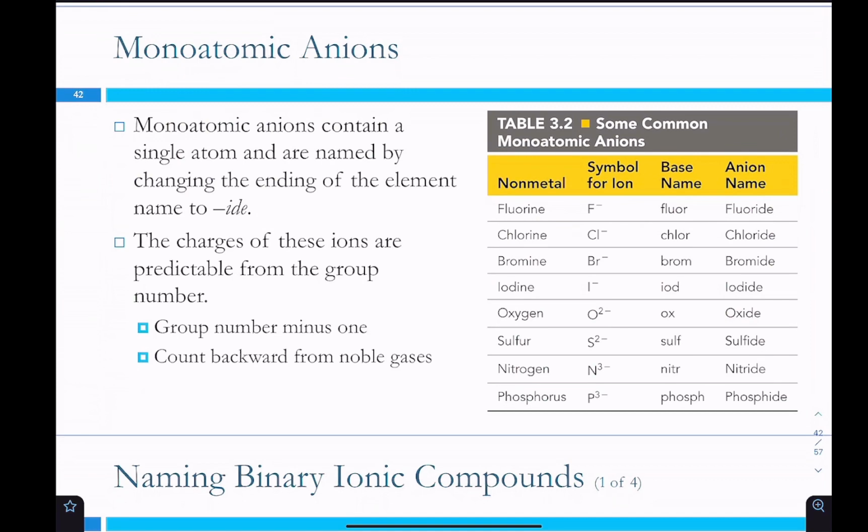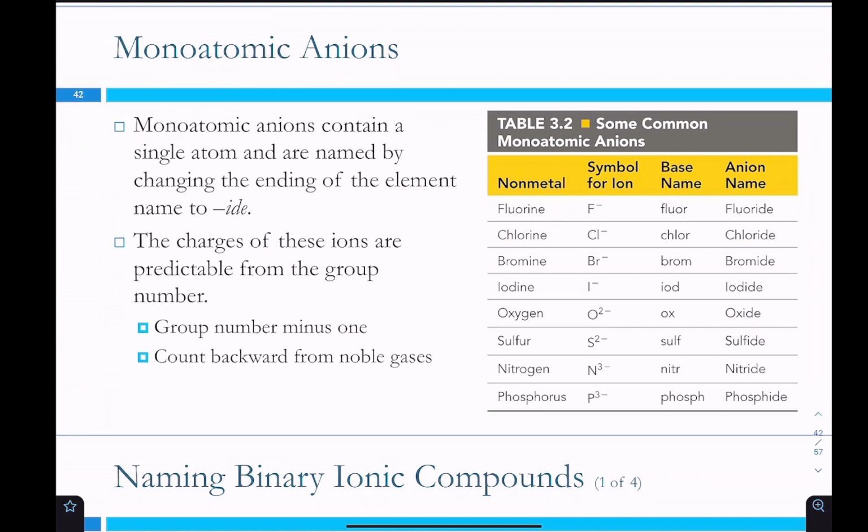So looking at the anions now, the monoatomic anions, so that's any single atom with a charge, and they're named by changing the ending of the element to IDE. So fluorine becomes fluoride, chlorine becomes chloride, so on down the list.